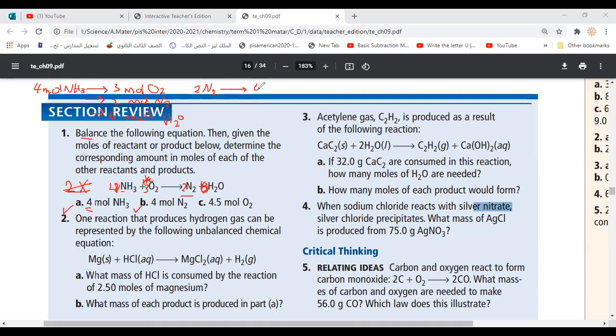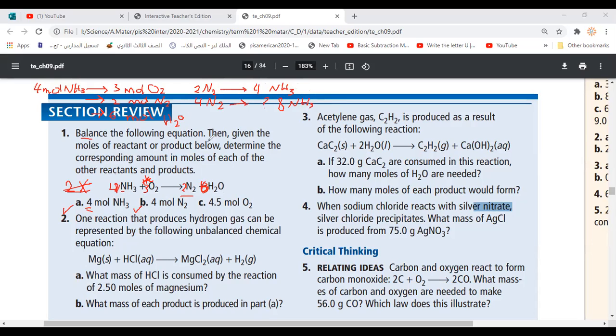Good. So they produce 4 mole of ammonia. So he asks now, if you have 4 mole of nitrogen, how many mole of ammonia are we going to have? 8. So good, we have 8 mole of ammonia.